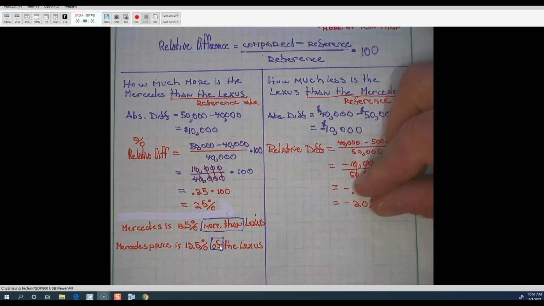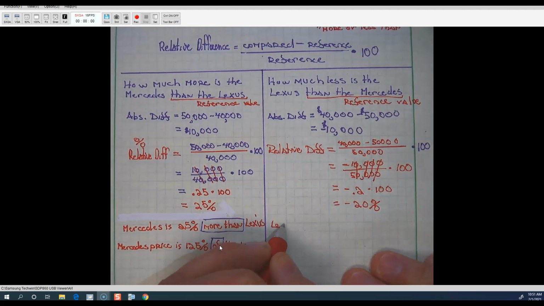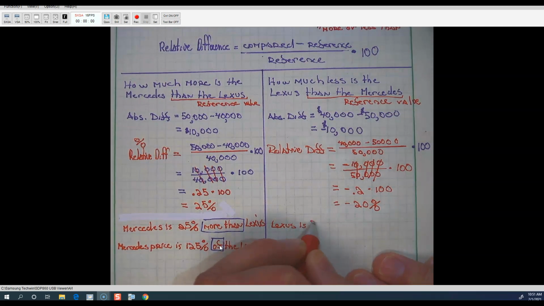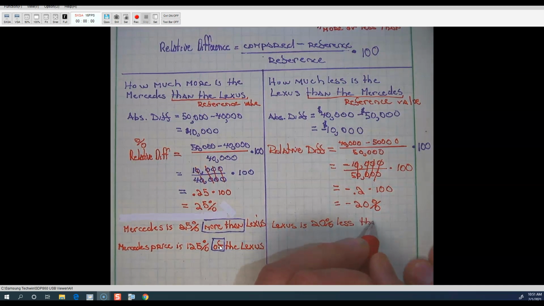Over here, we could say the Lexus is 20% less than the Mercedes.